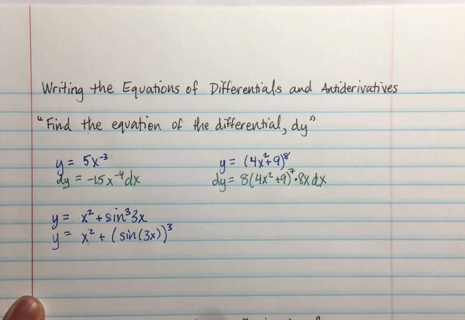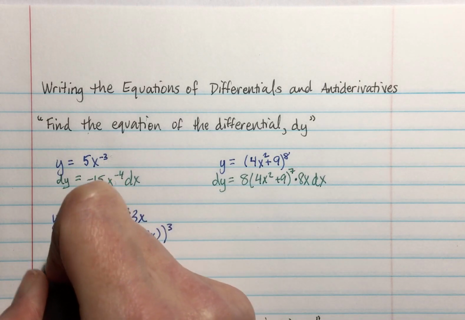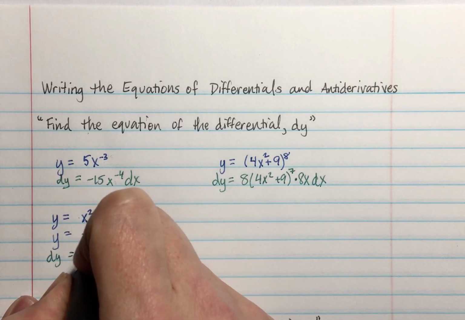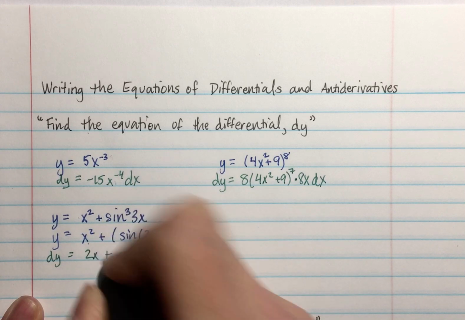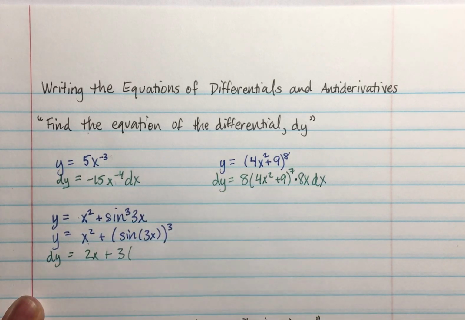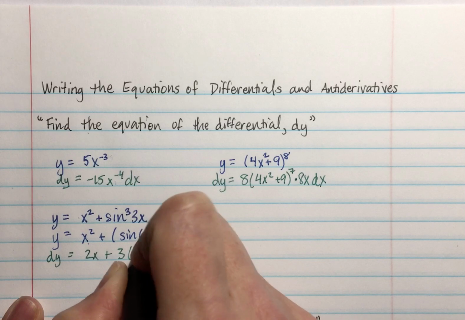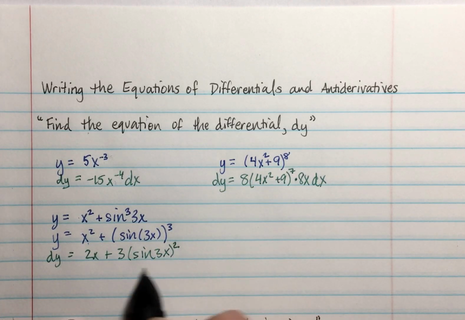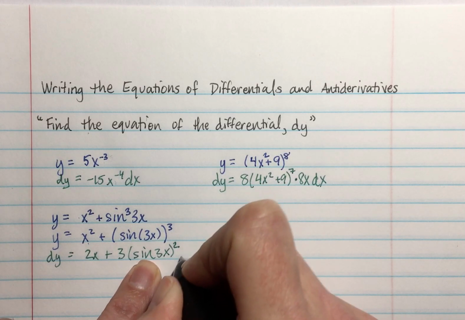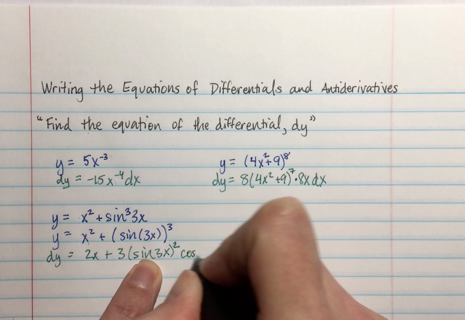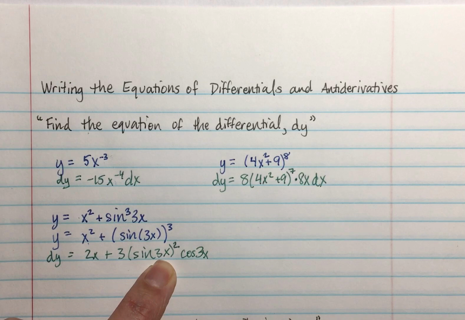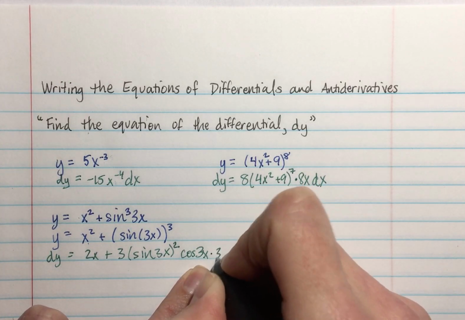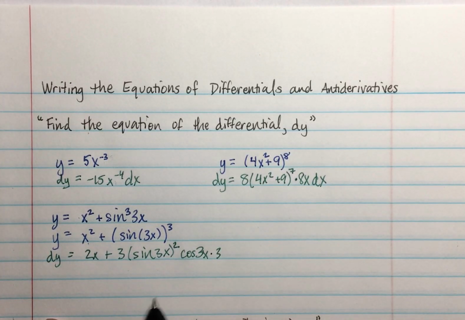So finding the differential, dy equals, we have 2x as usual, and then plus we have derivative of the outside, so the 3, keep the inside the same, sine(3x) squared, and then derivative of the inside, so the derivative of sine 3x is cosine, keep its inside the same, 3x, times derivative of the inside again. And then finally, that dx.